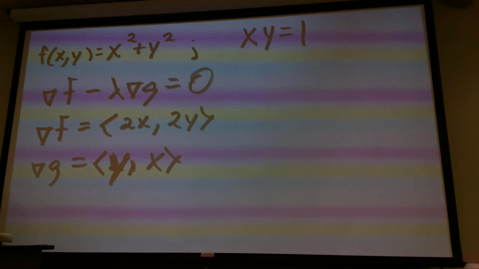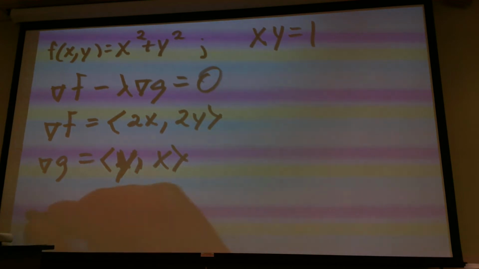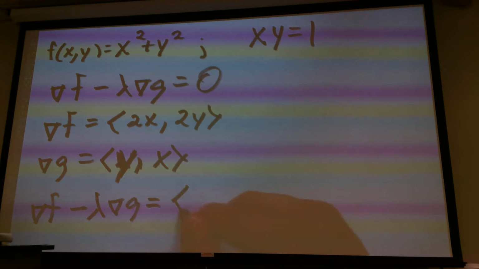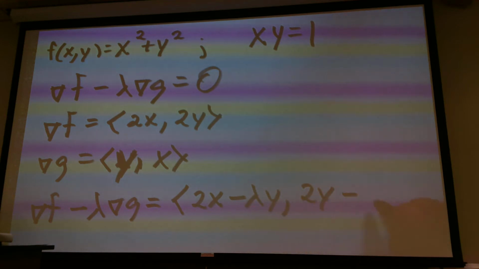So the gradient of f minus lambda times the gradient of g would equal 2x minus lambda y and 2y minus lambda x.